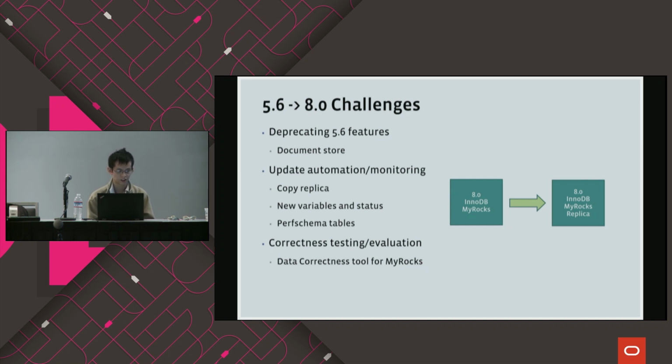And finally, we have to make sure that 8.0 is still correct. For this, we have something called the data correctness tool that we developed at Facebook. This was initially used when we started deploying MyRocks onto our fleet. It's useful for checking several things.